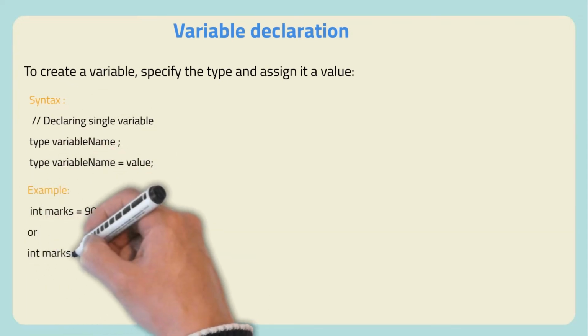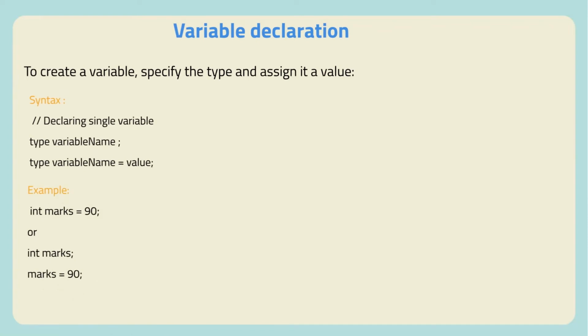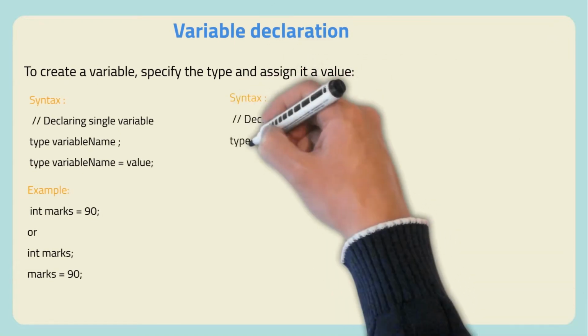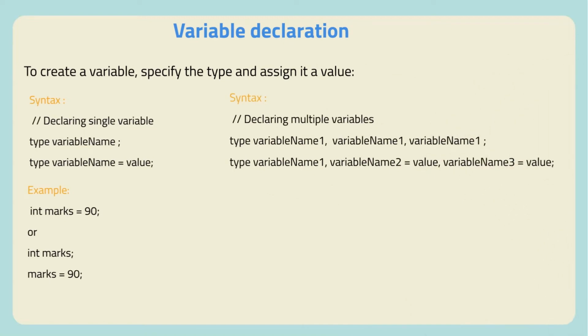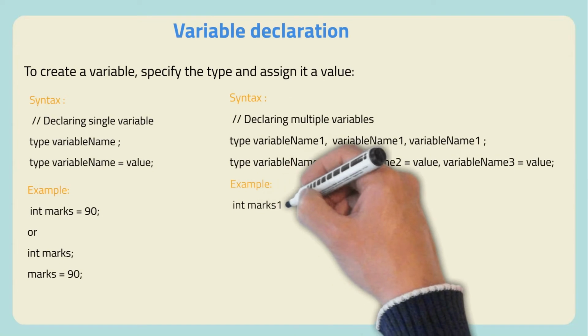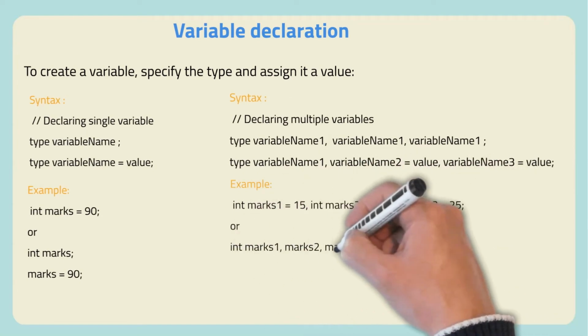For example, we can declare marks as int marks equals 90, or first declare int marks and later assign the value 90 to it. For multiple variable declarations of the same type, we can declare each one separately, or use a comma-separated declaration as part of the syntax.